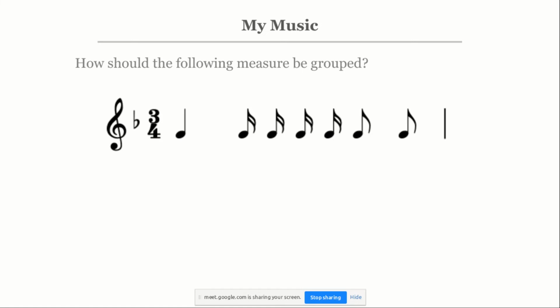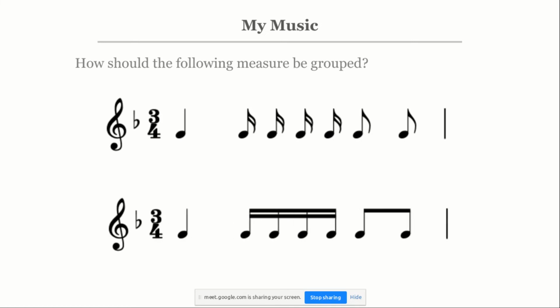I would group the second to the 5th note, the 4 semiquavers. I will group the 4 semiquavers and the 2 quavers to form the 3 beats. Good. That's how they will look.